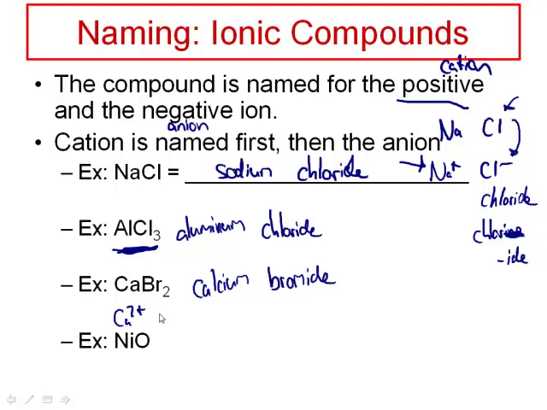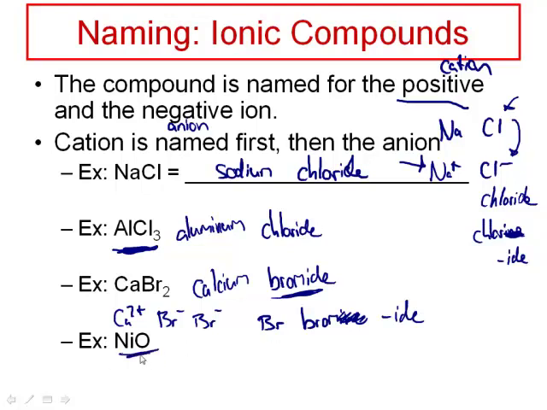In the formula, if we read it, it says we have 2 bromide ions, so we got a Br minus and a Br minus. The way we get this name bromide is because the neutral element Br, bromine, is spelled like that, but when that forms the ion Br minus, we're going to scratch off the ine and slap on an ide, okay? So it becomes a bromide when it forms the ion. So this is calcium bromide.